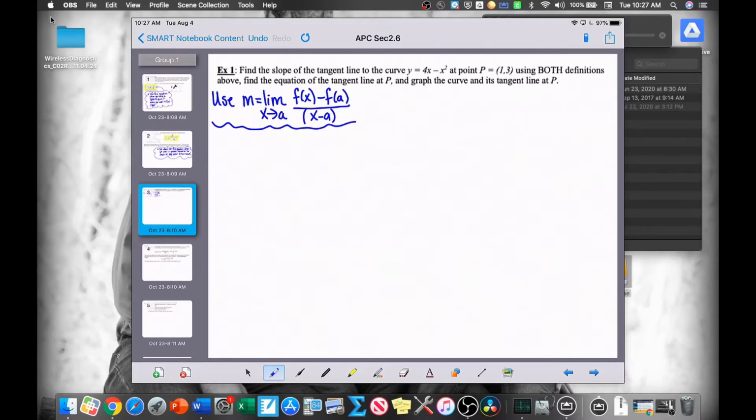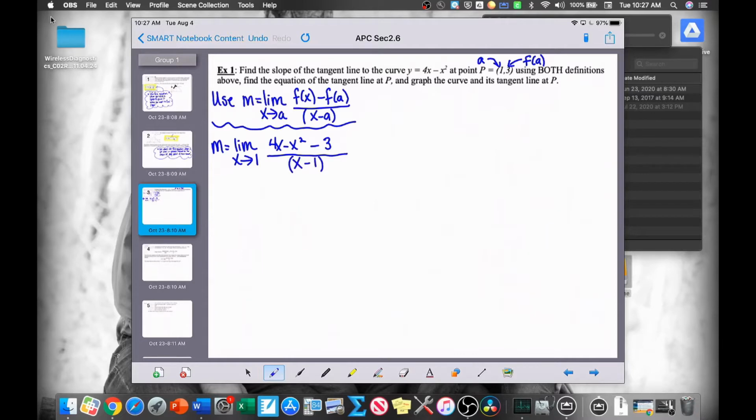So for our particular problem, m is going to be equal to the limit as x approaches 1, since we have this point P up here, so 1 is our a and 3 is our f of a. It's going to be the limit as x approaches 1 of f of x, that's just our function, 4x minus x squared, minus f of a, which is 3, divided by x minus a, so x minus 1.